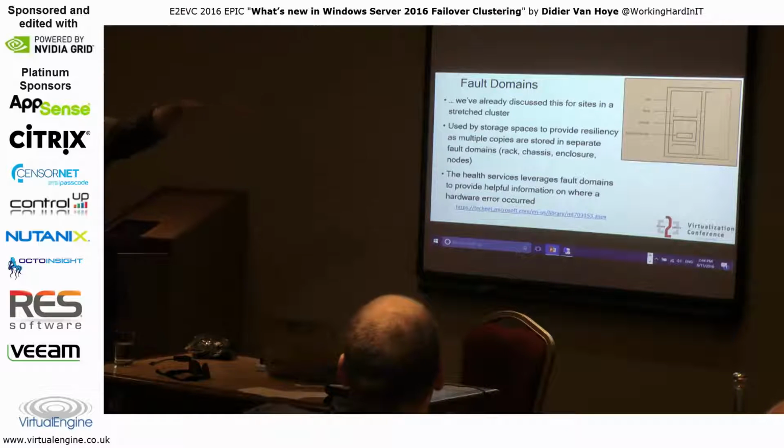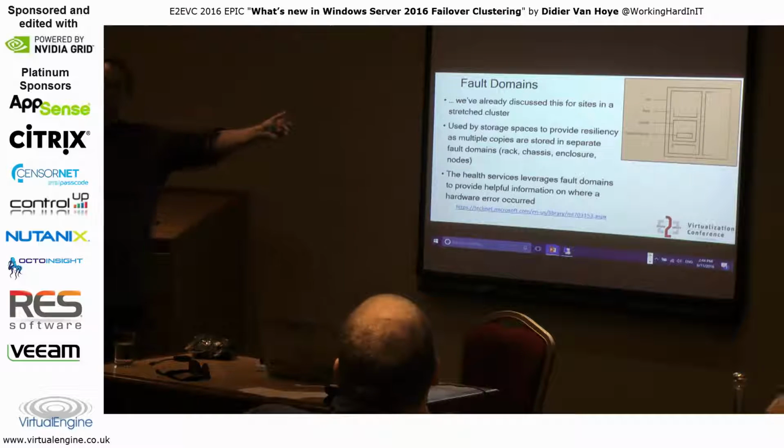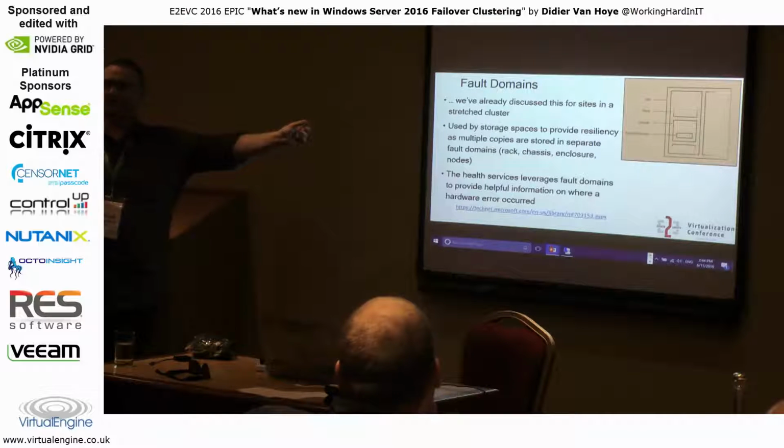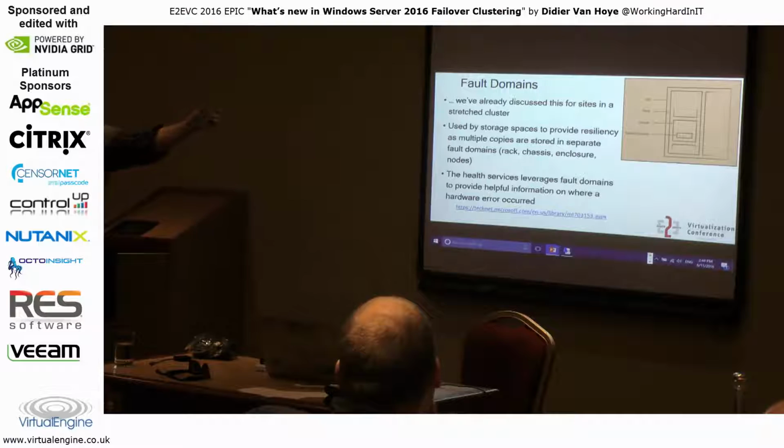The site is only one type of fault domain. So you also have site, rack, chassis, enclosure, and health service and fault domains work together to give you the best possible pinpointing and answer to: is everything hunky-dory in my environment?